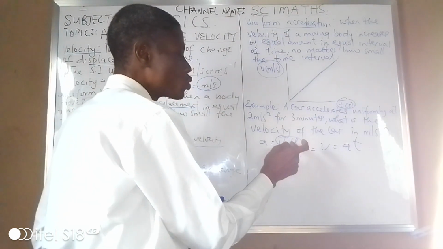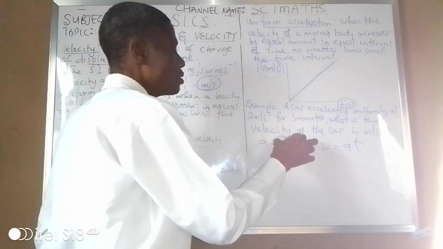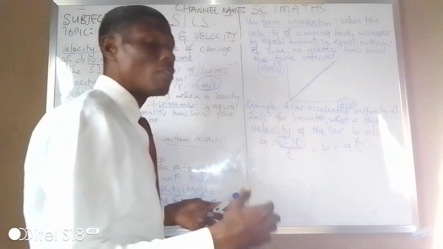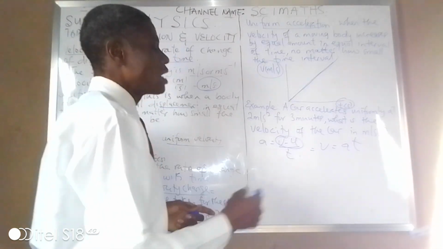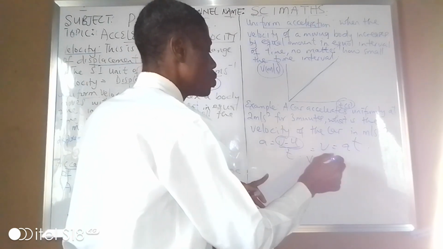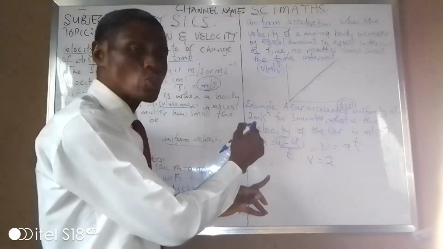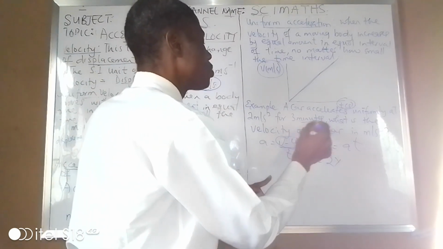We assume the initial velocity is 0. So all this stands for velocity. They gave us acceleration and they gave us time. So v is equal to acceleration, 2 meters per second square, multiplied by your time. Your time is 3 minutes.